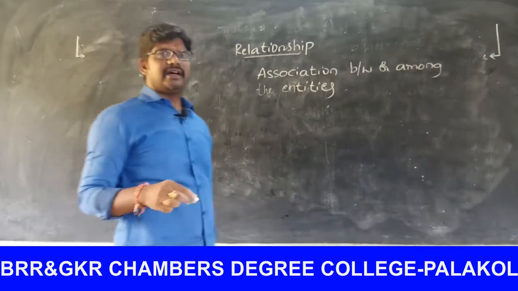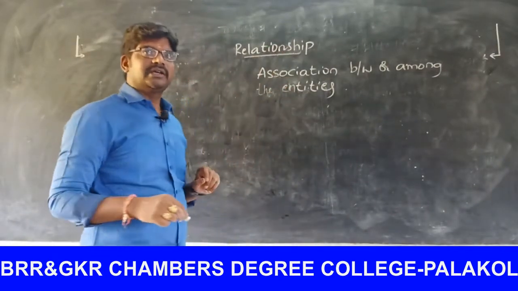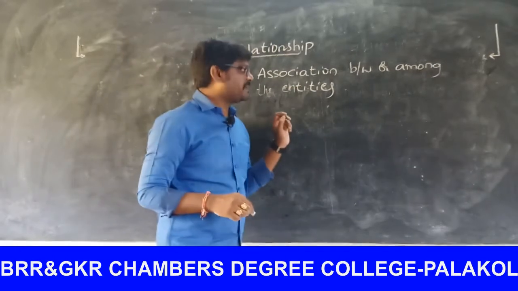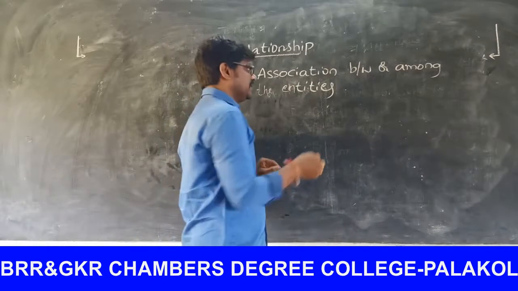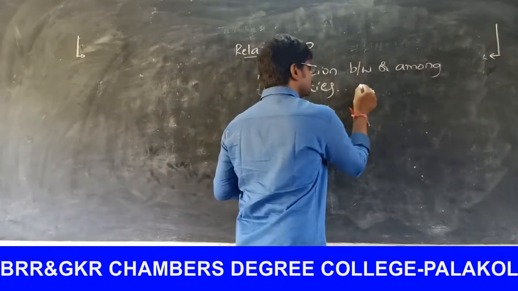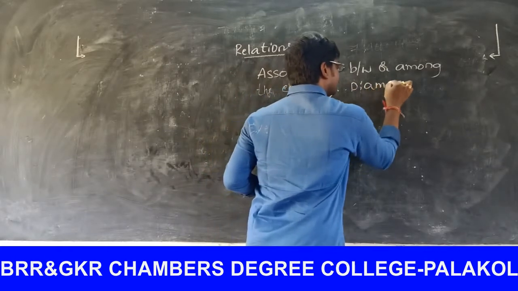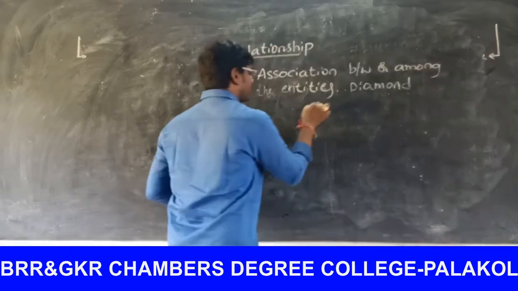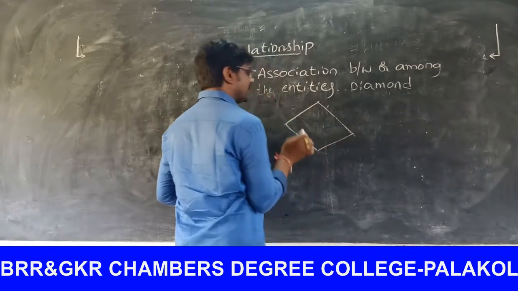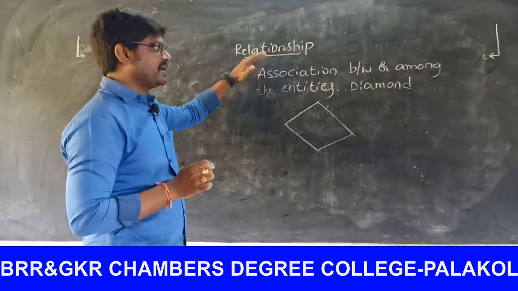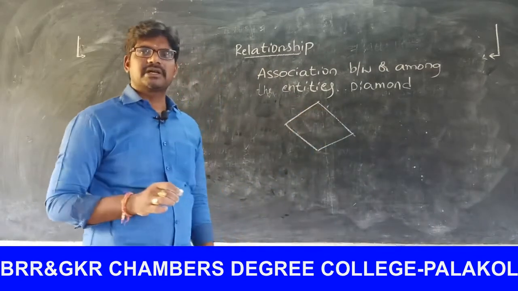The relationship can be represented by the diamond symbol, or rhombus. This is the relationship symbol.